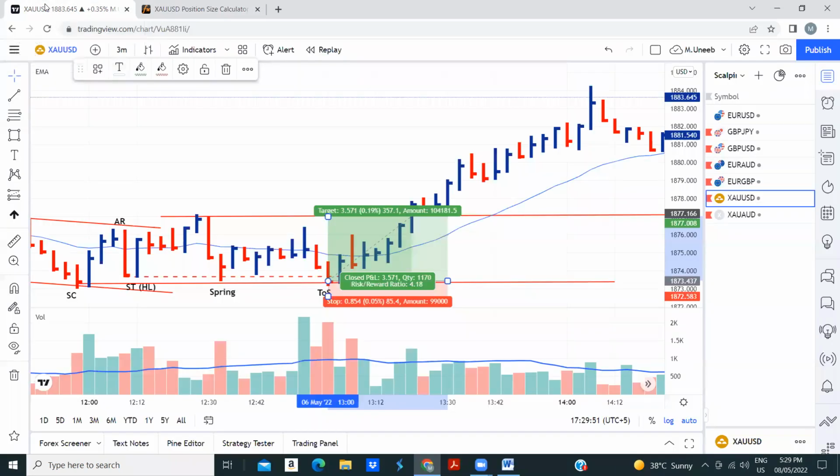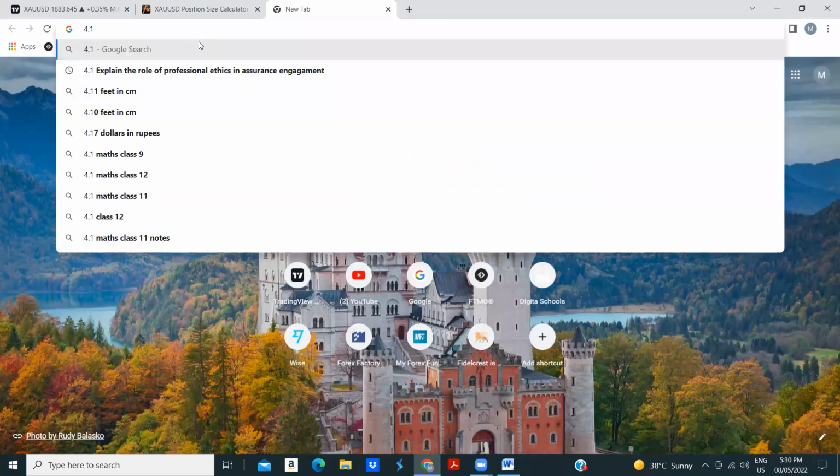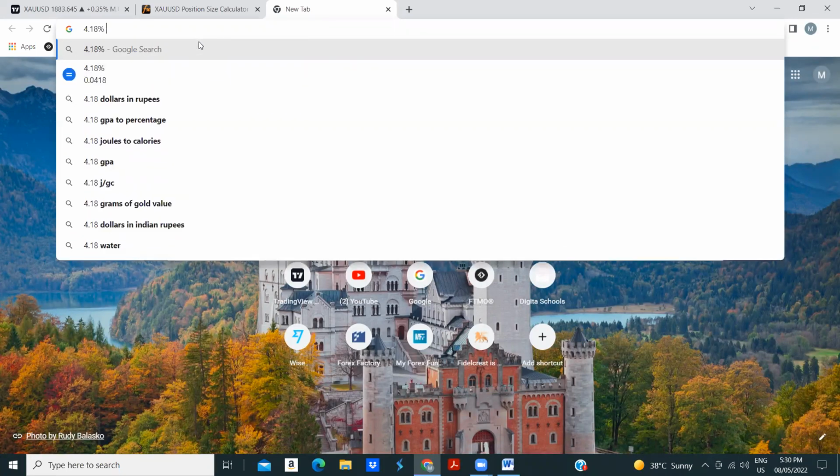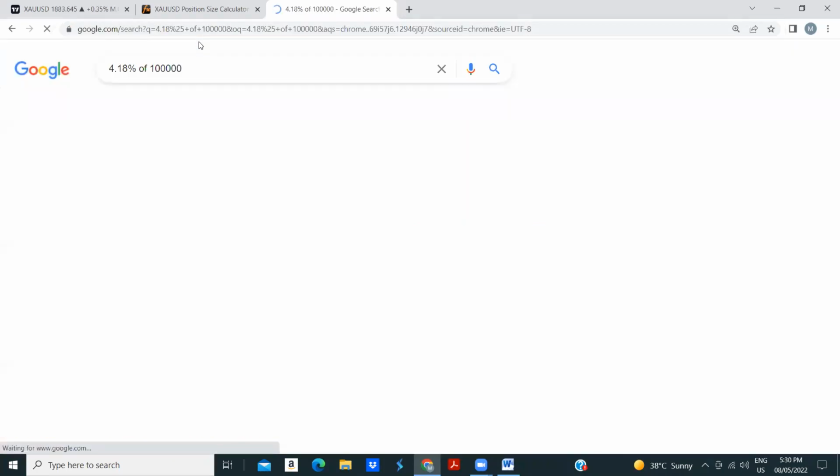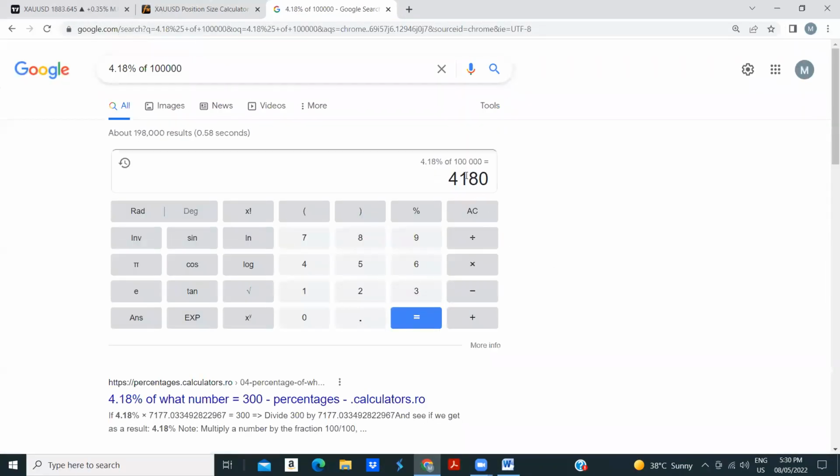Let me see how much this one is, 4.18. So if you calculate here, 4.18% of 100,000, that would be 4180 as profit, right?